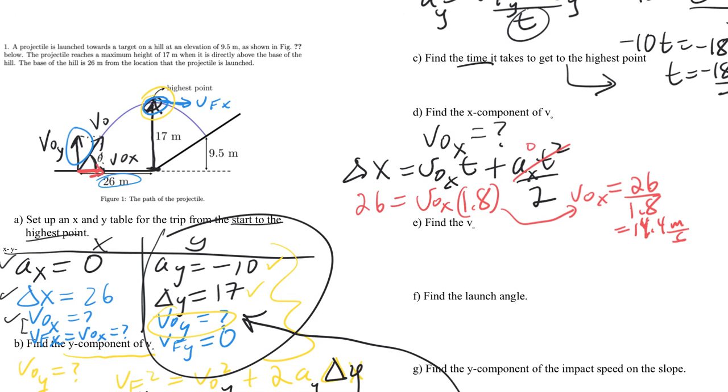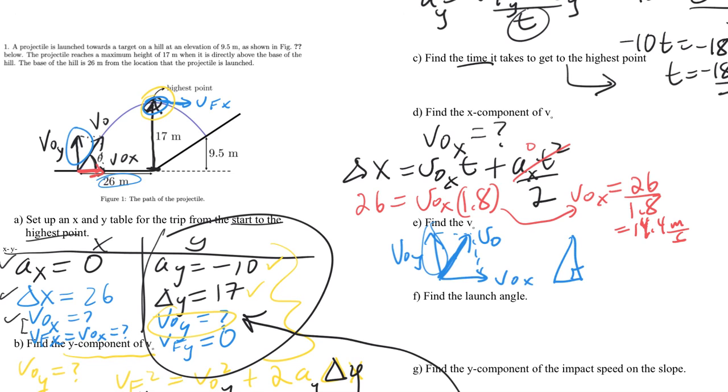Find VO. Well, at this point you have VOY and you have VOX, and VO is what you're looking for. So if you look at my equation sheet, to find this piece, it's just like a right angle triangle.